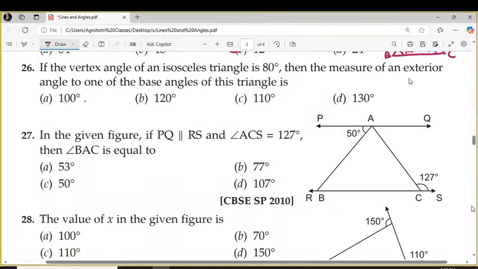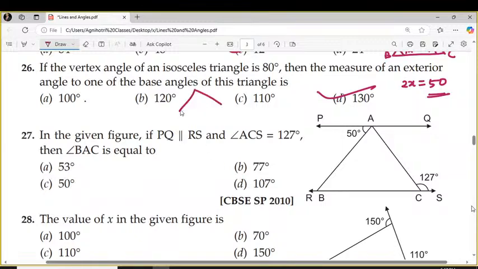If the vertex angle is 80, then the remaining two must sum to 100, that means 50 each. Then the measure of an exterior angle to one of the base angles is 130. What did you get?